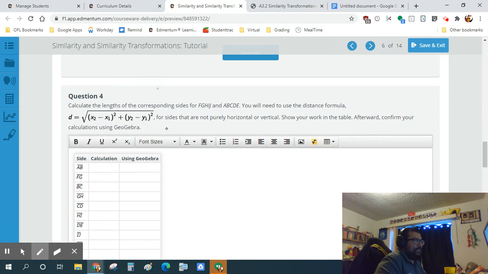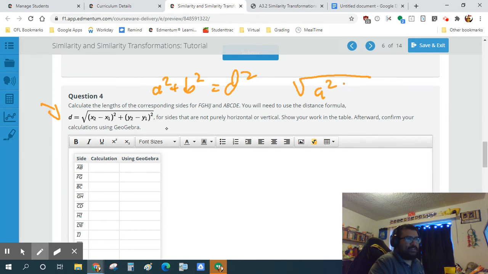If I said this was a squared plus b squared equals, I'm going to say d squared, just so we can keep this d idea here. If I wanted to solve for d, I would take the square root. So I would get the square root of a squared plus b squared, right?